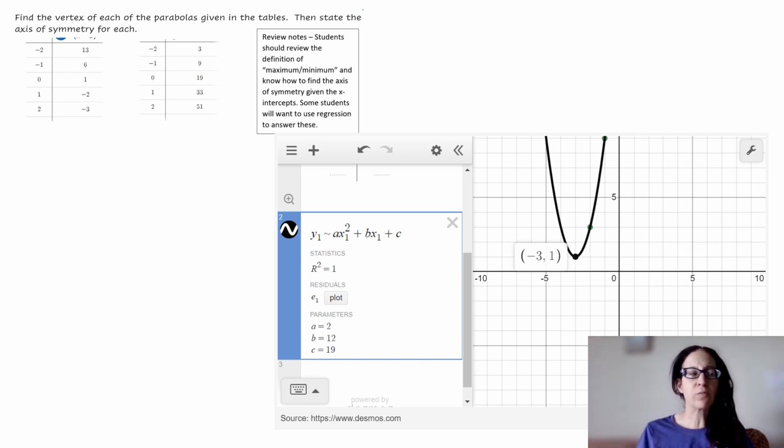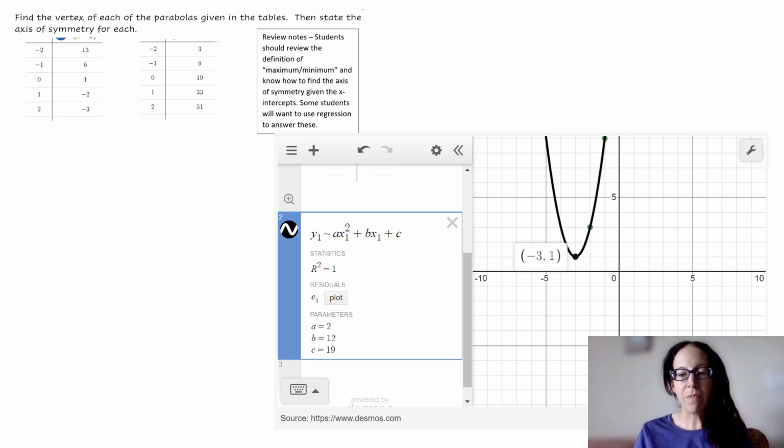To do this, we are going to review regression in this particular problem. To do a regression curve, we are going to click the little plus sign, and we're going to choose table.